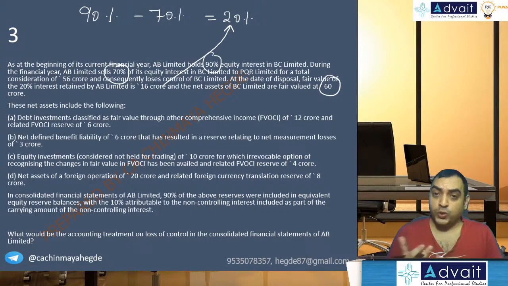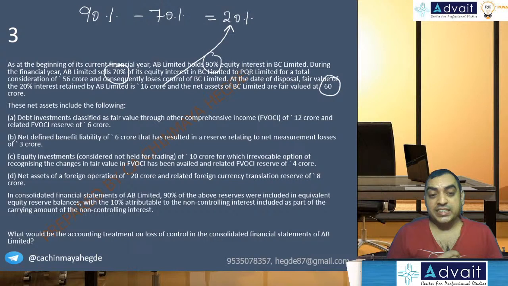The net assets include the following: debt investments classified as fair value through other comprehensive income, FVOCI, of 12 crores and related FVOCI reserve of 6 crores. Net defined benefit liability of 6 crores that has resulted in reserve relating to remeasurement losses of 3 crores.